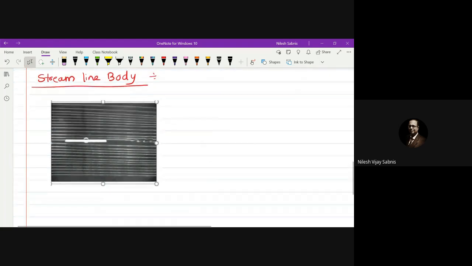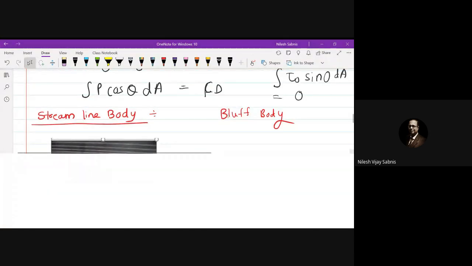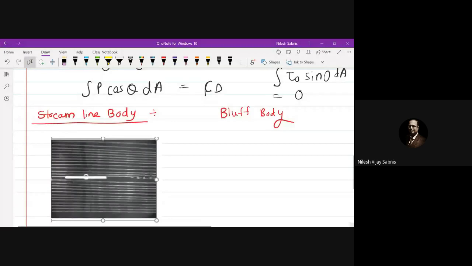Opposite to this streamline body, there is a bluff body. Bluff body is exactly opposite, so with the example we can see what is meant by a bluff body.